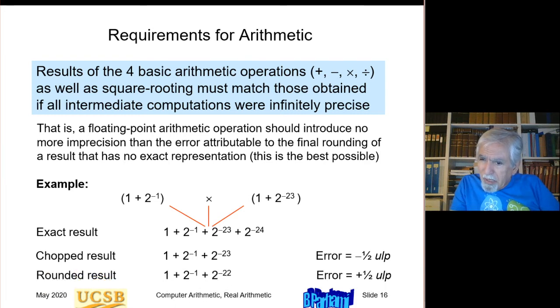Or you can round up, in which case the number becomes 1 plus 2 to the minus 1 plus 2 to the minus 22. So the last two bits, instead of being 0, 1, become 1, 0. And the error in this case is plus 1/2 ULP. So the error magnitude is the same in both cases. In one case you have negative error, in the other case you have positive error.